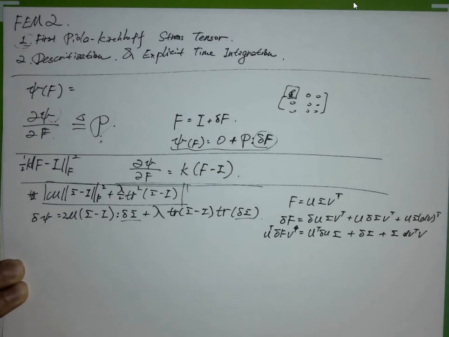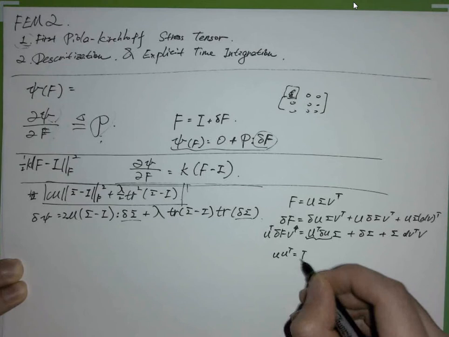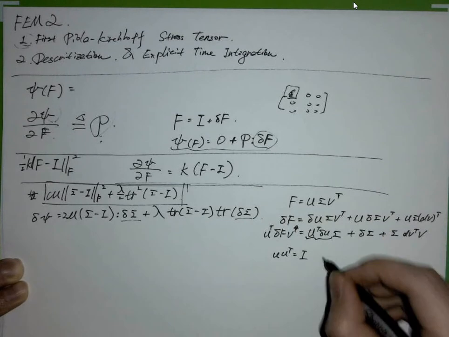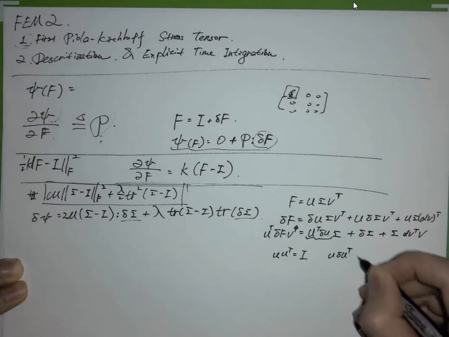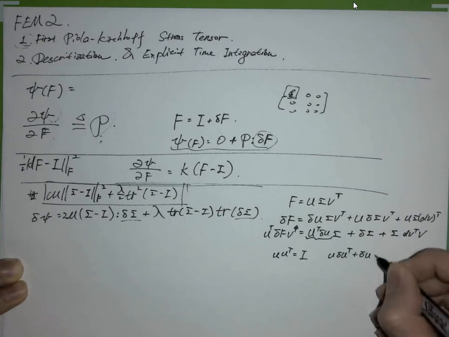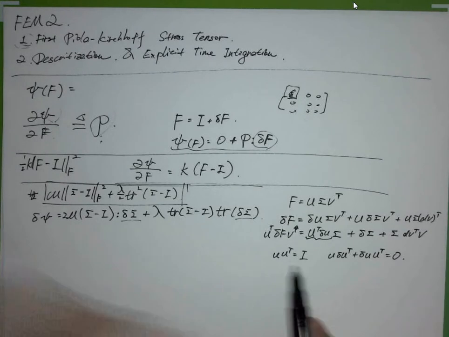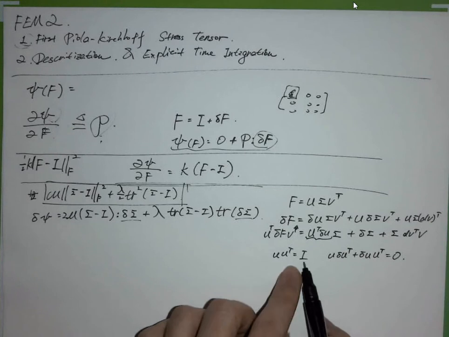Okay, and what is this one? Because we know that U is an orthogonal matrix, U transpose U equals identity. All right, so that means if I perturb U in this orthogonal space, then U transpose dU plus dU transpose U needs to equal 0, because whenever I perturb it, as long as it's in this orthogonal space, it should always equal identity.